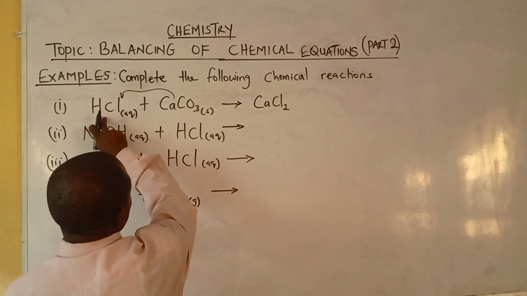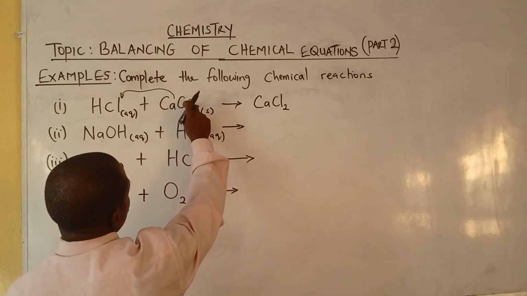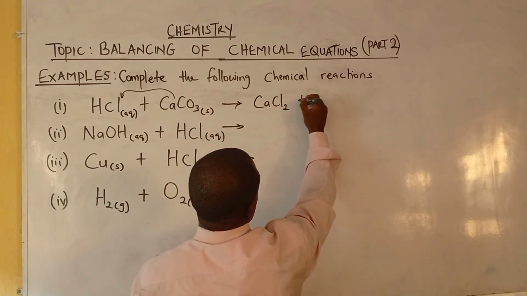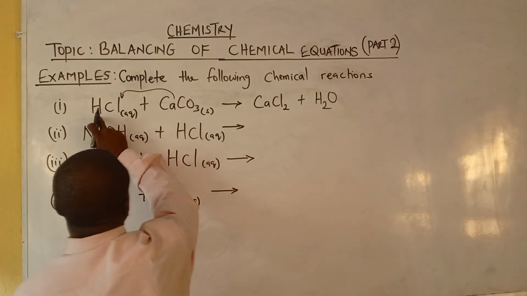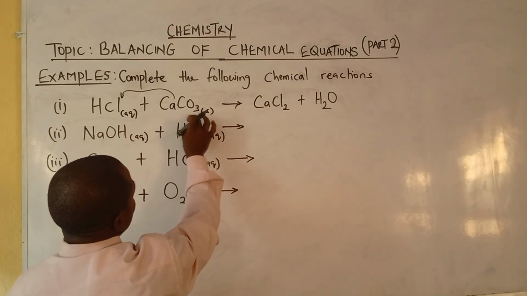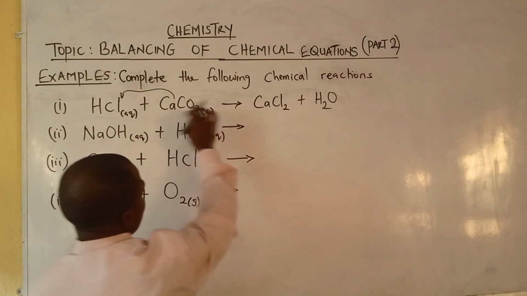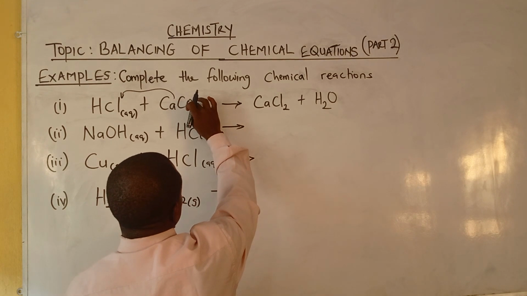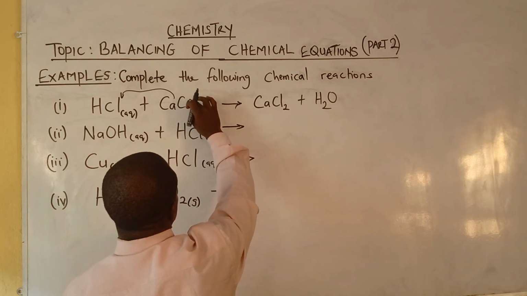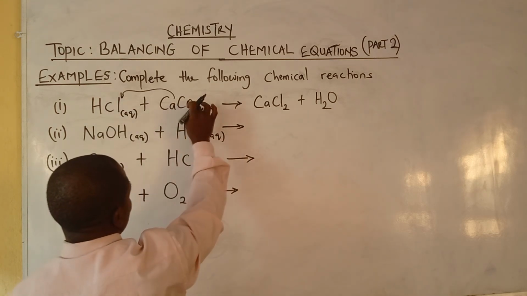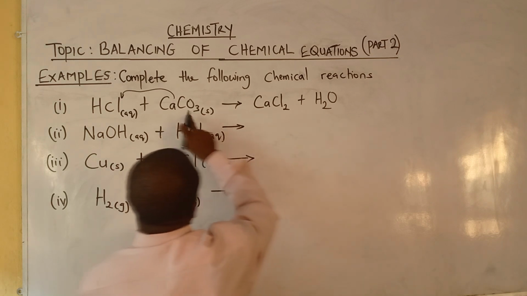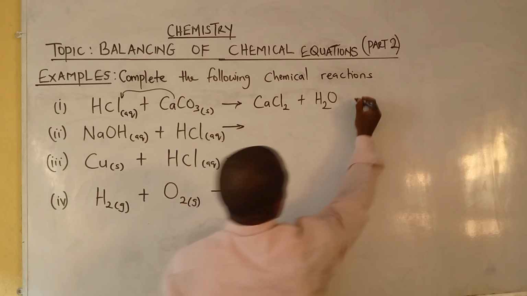Now let's see. We have hydrogen here. It will form water because we're having oxygen plus H2O. Always know, since we're having hydrogen and you're having CO3 here, it will form water. We are left with 2 oxygen because we've brought 1 oxygen to join this hydrogen. We are left with 2 oxygen, which is CO2.